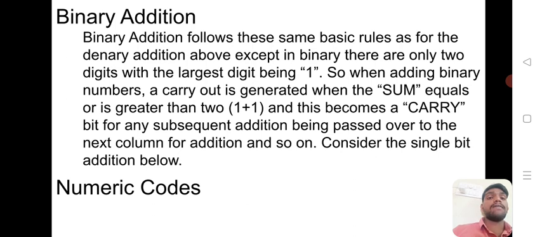So when adding binary numbers, a carry out is generated when the sum equals or is greater than 2, 1 plus 1, and this becomes a carry bit for any subsequent addition, being passed over to the next column for addition, and so on.